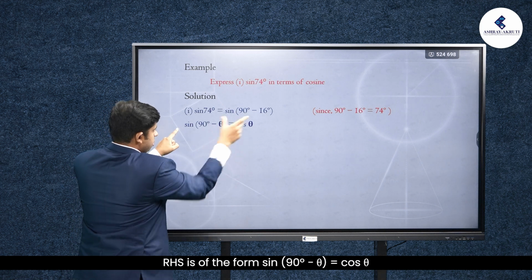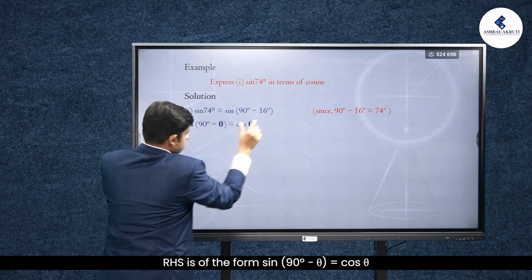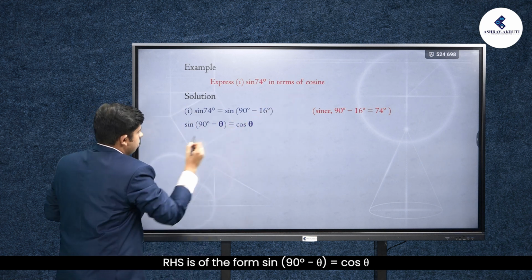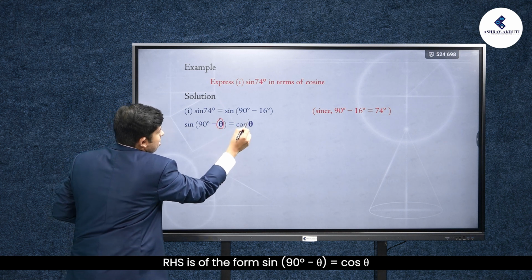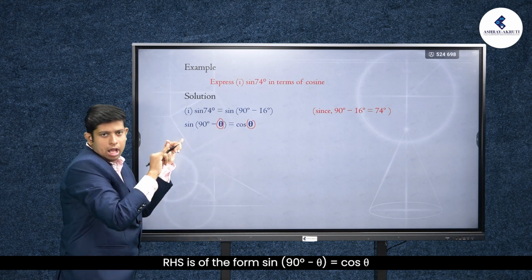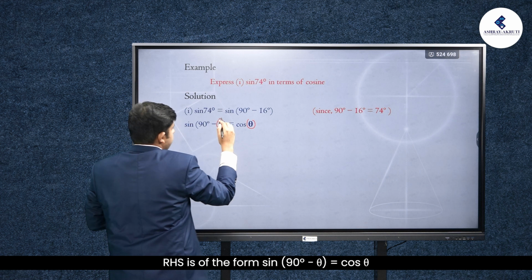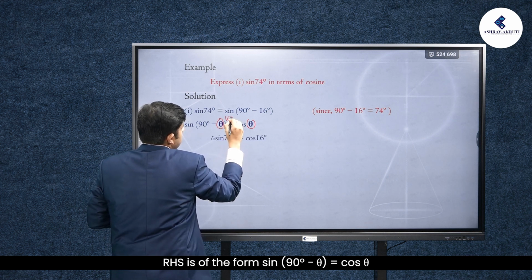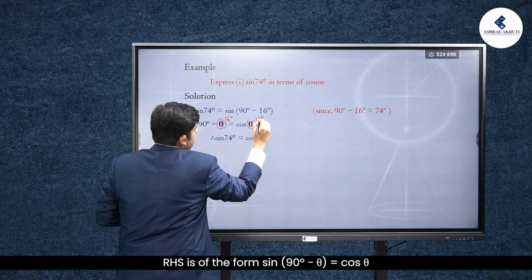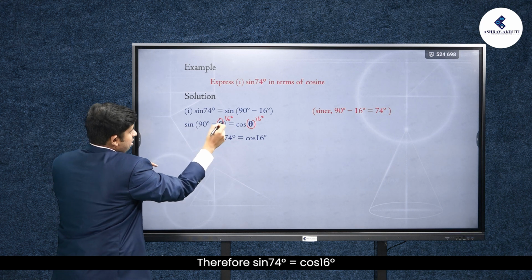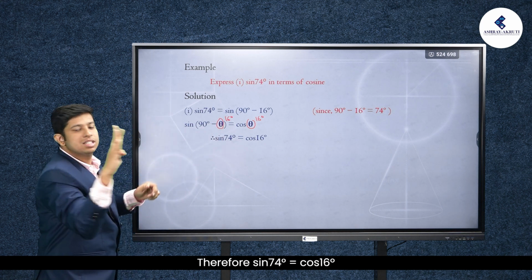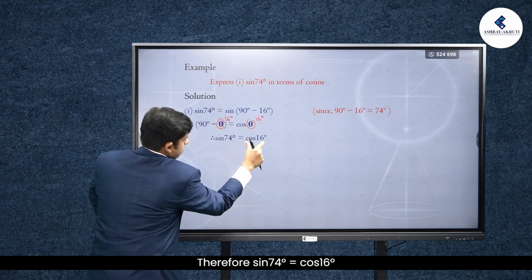Right hand side is of the form sin 90 minus theta is equal to cos theta. Therefore, sin 74 degrees is equal to cos 16 degrees.